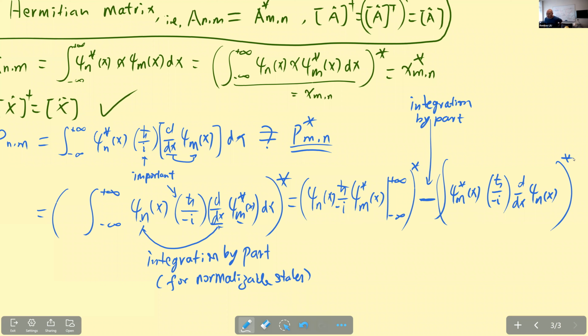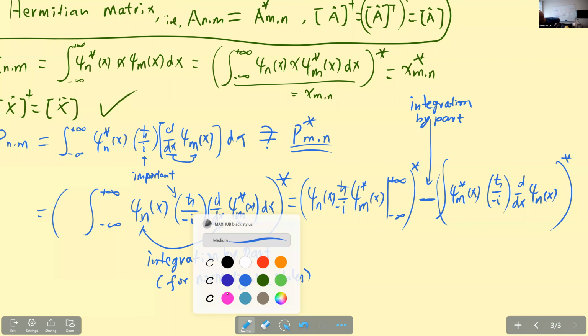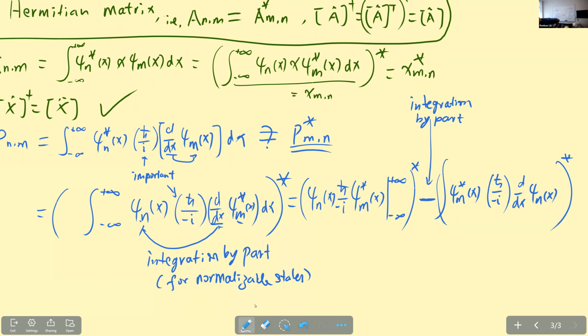I made a mistake. And let me check this one first. Okay, so this one, because it's normalizable, that one must be 0. Okay, so got this one to be 0.